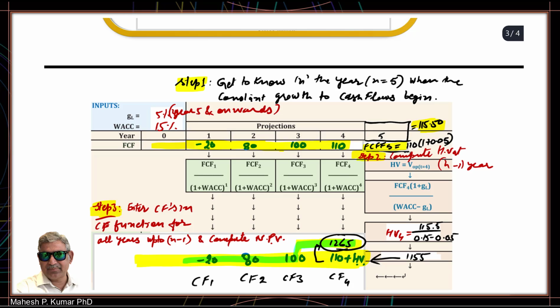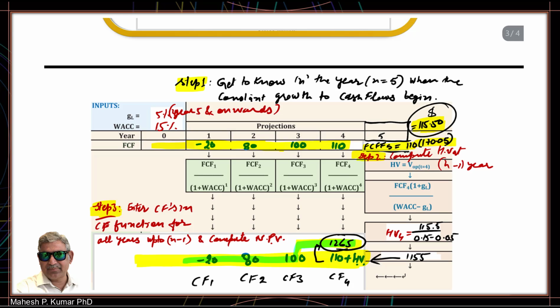So in year 5, the cash flow would be 110 times 1 plus growth rate, which is 5%. So it would be 110 million times 1.05, which gives us $115.50 million.